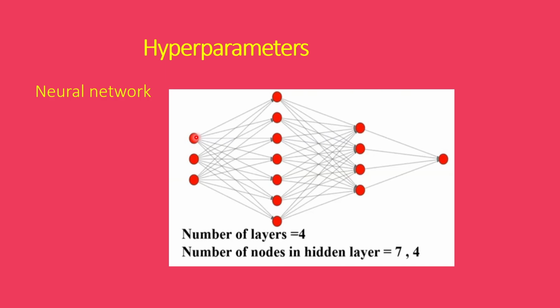This input is given to the activation function, then the activation function produces the output. Then that output is given to the other layers. This neural network contains a number of layers. The starting layer is called the input layer, the ending layer is called the output layer, and the intermediate layers are called hidden layers. In this neural network, each node is connected to the nodes of other layers.